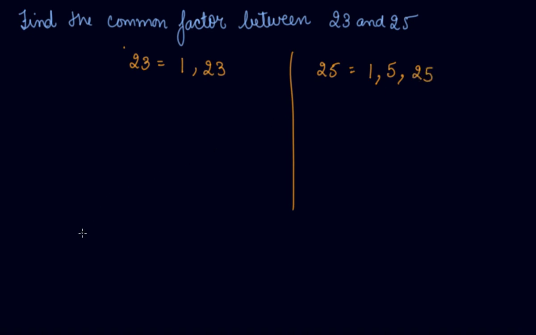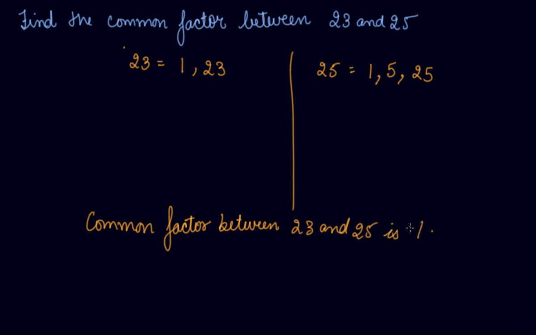Right? So the common factor between 23 and 25 is 1. Only 1 is the common factor between 23 and 25.